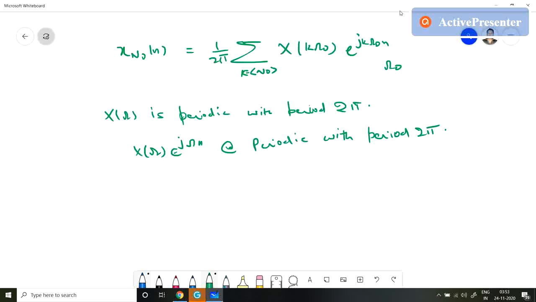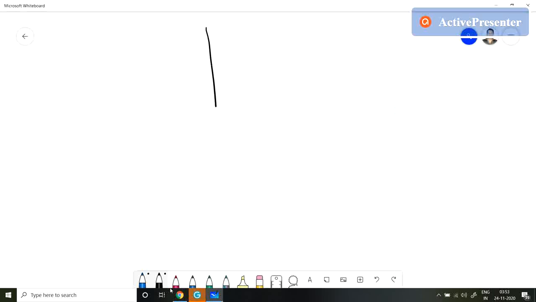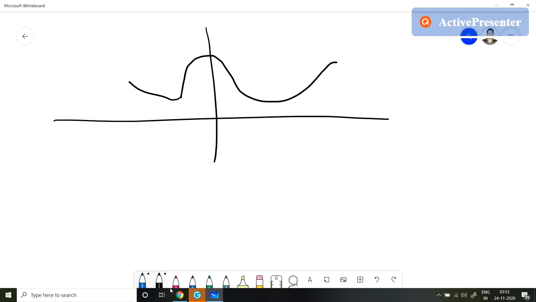Now if we just draw the diagram, please understand this diagram. Let us draw this diagram in the next slide. So if this y-axis is X omega e raised to the power j omega n, and here we have omega. If we take a small rectangular strip, its width is omega naught, and this is k omega naught, this is 0, this is pi.